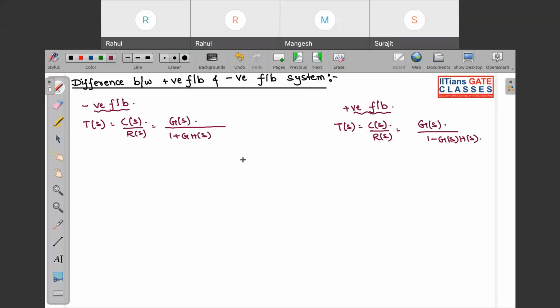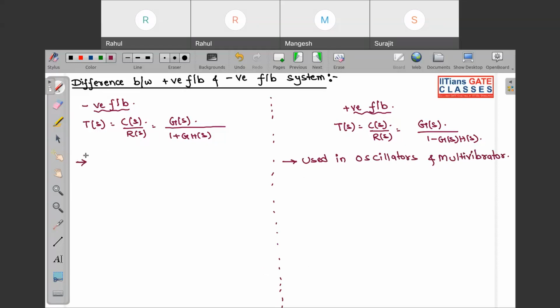One thing that might be asked to you is, where is positive feedback used and where is negative feedback used? So positive feedback is used in oscillators and multivibrators, whereas your negative feedback is used where?